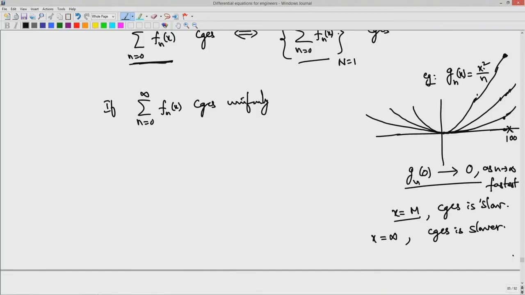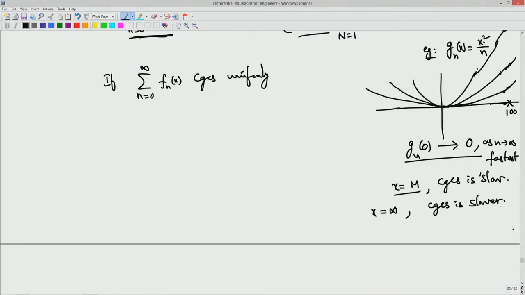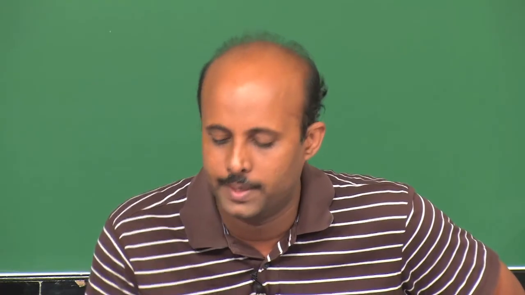I am just talking about the speed of convergence. Slow means the speed is very small, and very fast convergence means the speed is very high.